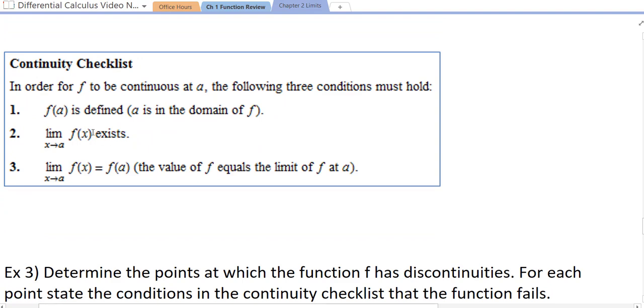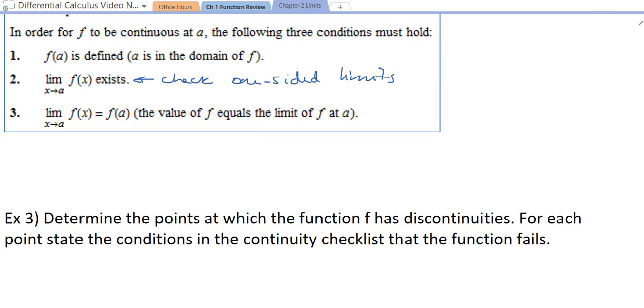The limit as x goes to a has to exist, so that means check the right-sided and left-sided limit. I'm going to write a note here: check one-sided limits from each side. Make sure that they're the same. And then the last thing is that 2 and 3 have to coincide at the same value.